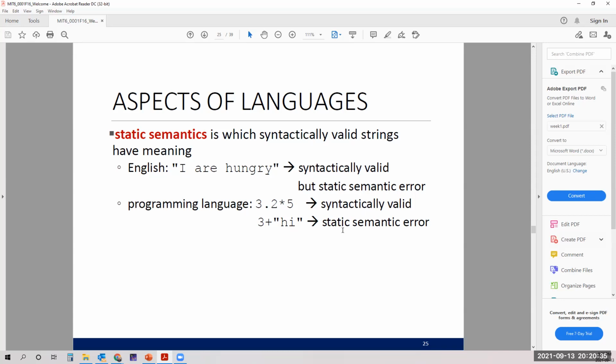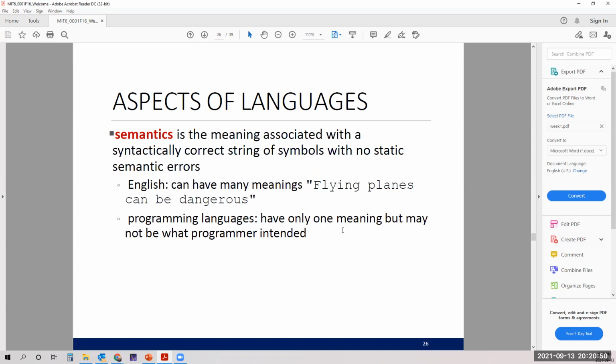So what do we mean by these slides? That we have to follow the correct grammar and the correct syntax of any line of code that we write in our programs. What do you mean by semantics? It is the meaning associated with a syntactically correct string of symbols with no static semantic error.